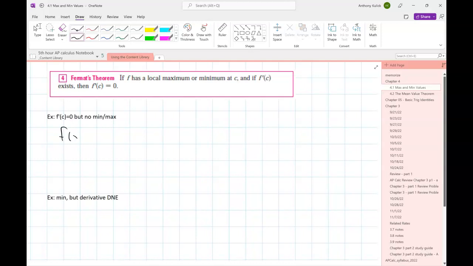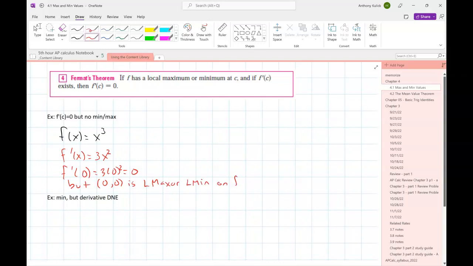So let's say we have f of x is equal to x cubed. So f prime of x is equal to 3x squared. Well, I notice that f prime of 0 is equal to 0, but 0, 0 is not a local max or local min on the function f of x, right?